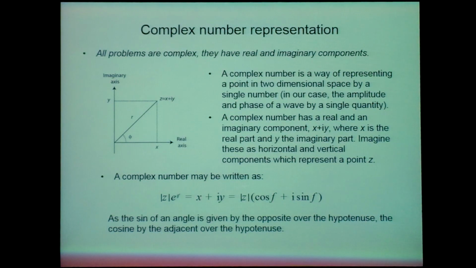So if we had our Argand diagram for this point here, it has unit amplitude, but it has 0 phase. So our Argand diagram would be a line that looks like that.